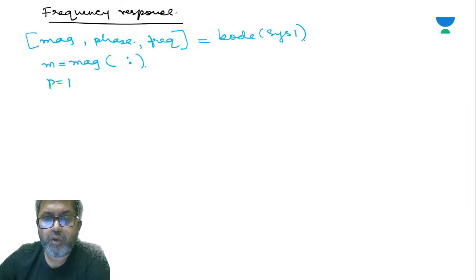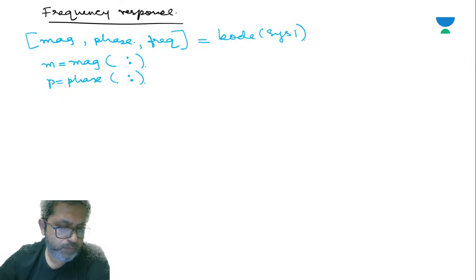P is equal to phase, all rows and column.